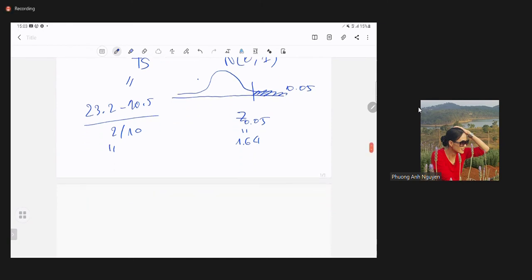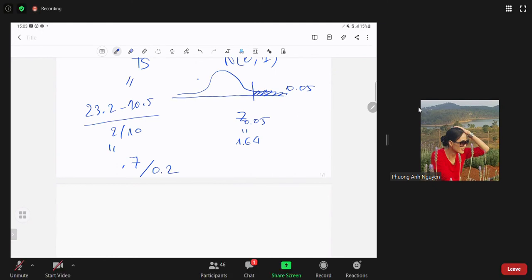Equal to 2.7 divided by 0.2. Okay, so it's big, right? So here I get something like 2.7 divided by 0.2, which is 13.5 for my TS.